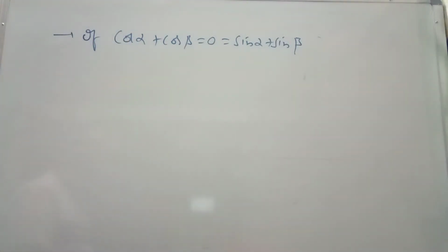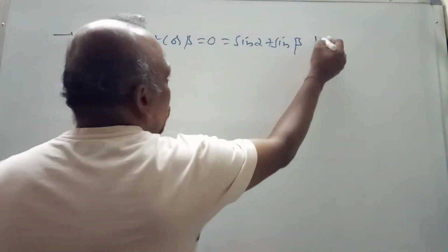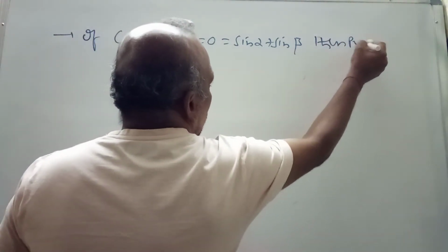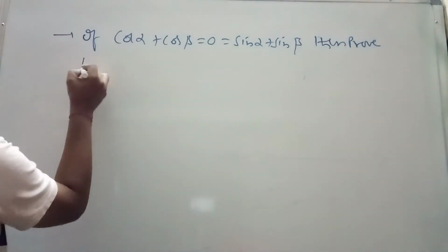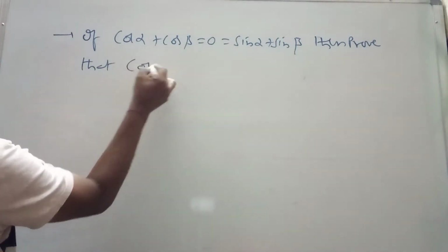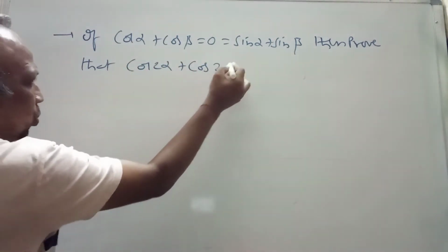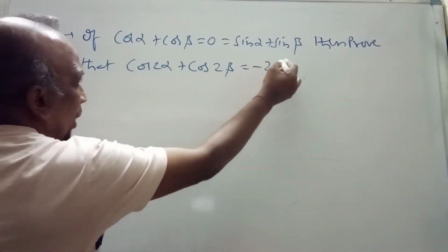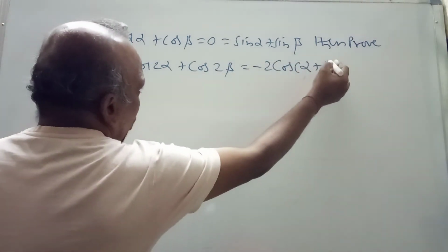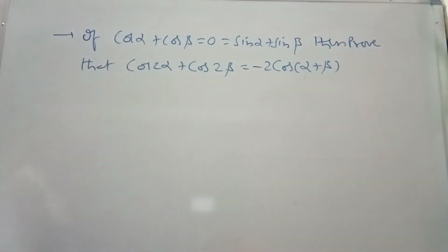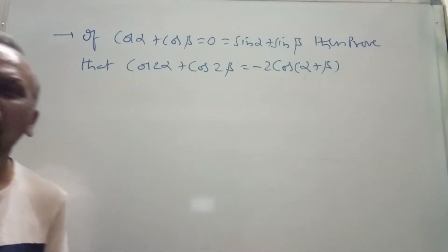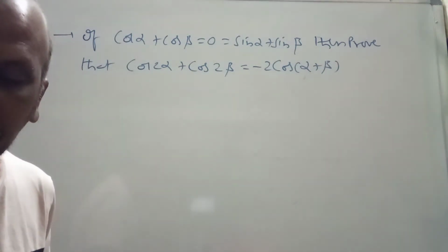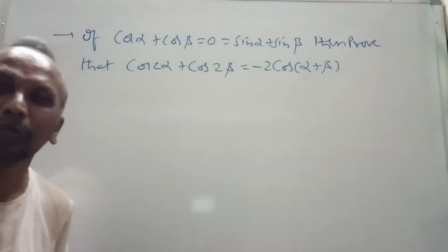They are asking, then prove that cos 2 alpha plus cos 2 beta is equal to minus 2 cos of alpha plus beta. They are asking to prove this result.